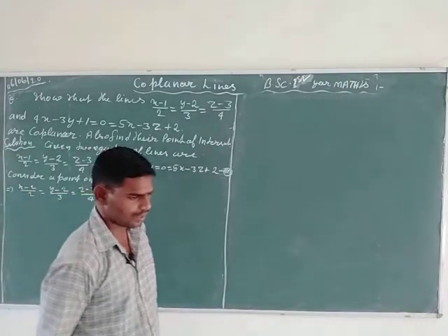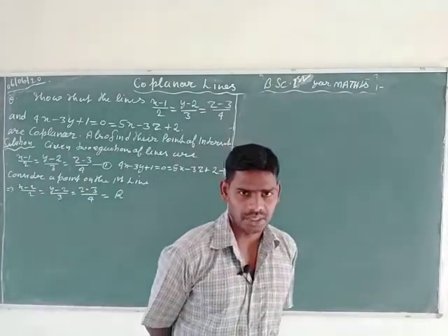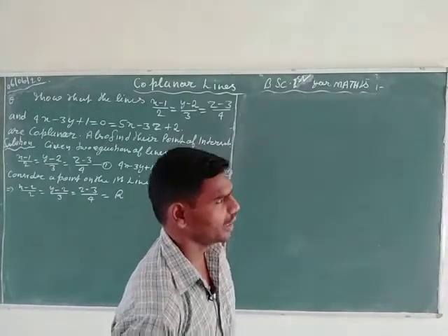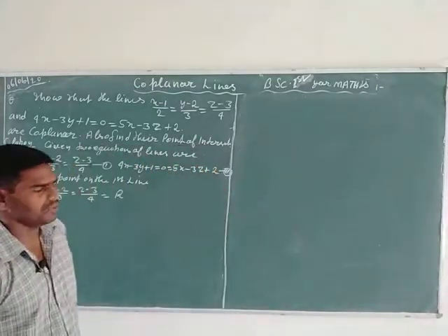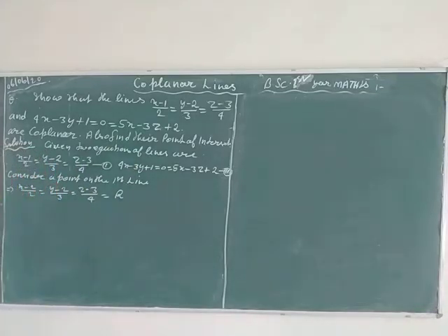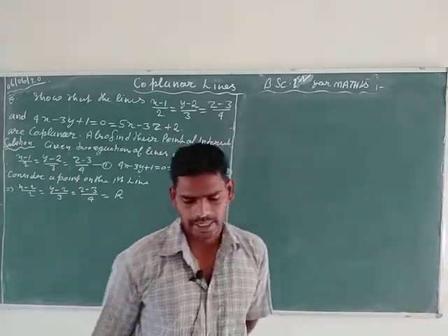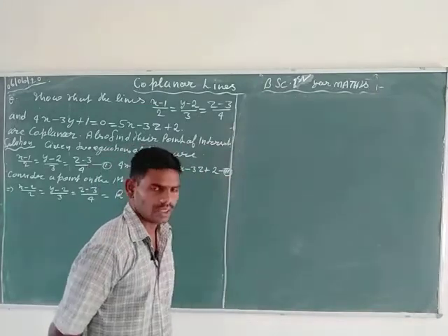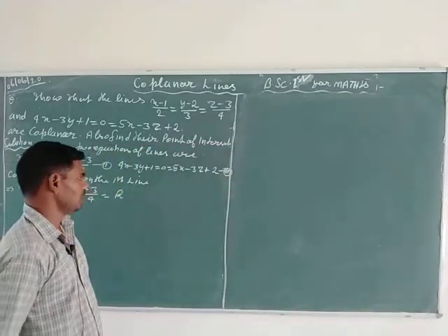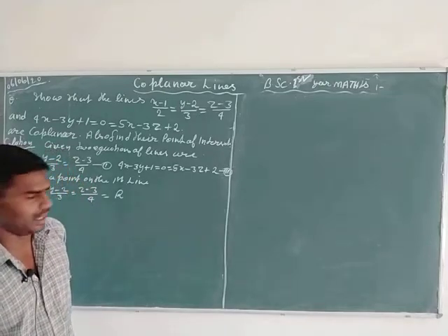You know what r is? r is the distance between the intersecting point and a point which lies on the given first line. Suppose that point is capital A, then the coordinates of capital A will be 2, 2 and 3. So r is the distance between point A, which lies on the first straight line, and the intersecting point capital P, which lies on the first straight line and also the second straight line.